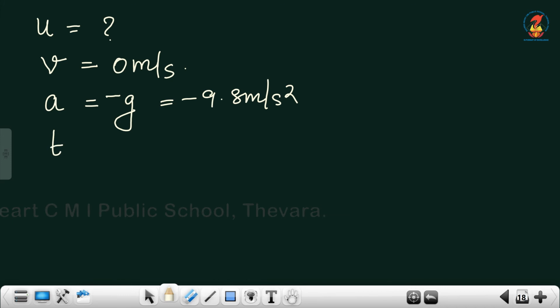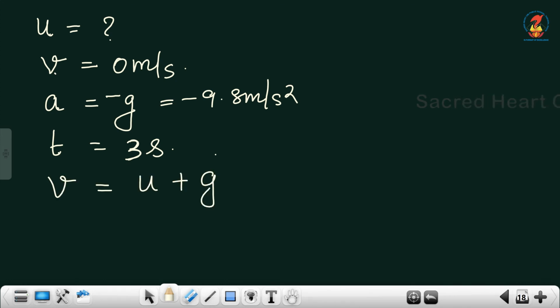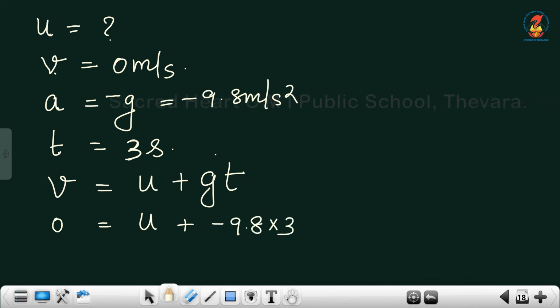The time taken from the ground to reach the maximum height is 3 seconds. So V, A and T are given. You need to calculate the initial velocity. You can easily calculate it using the equation V is equal to U plus GT. V is 0, U is what you need to find, plus G is minus 9.8 into 3.